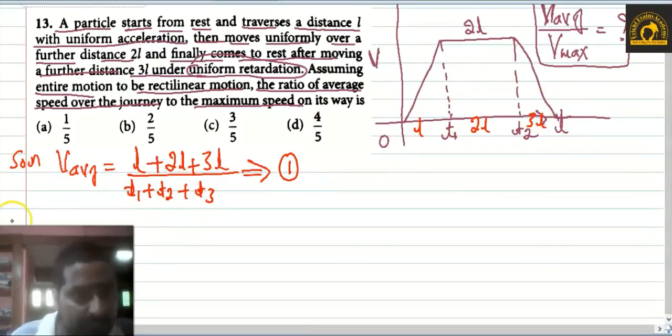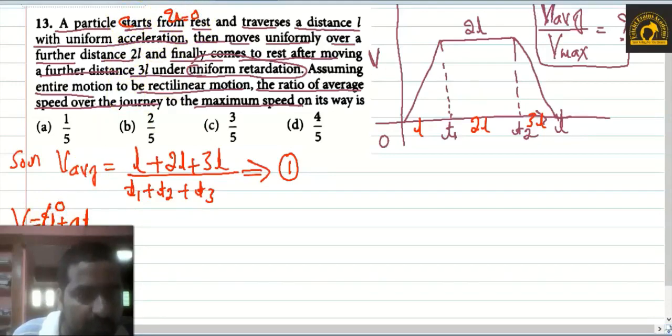First, T1. We know that V is equal to U plus AT, that is A1 T1. The particle starts from rest, which means U is equal to 0.